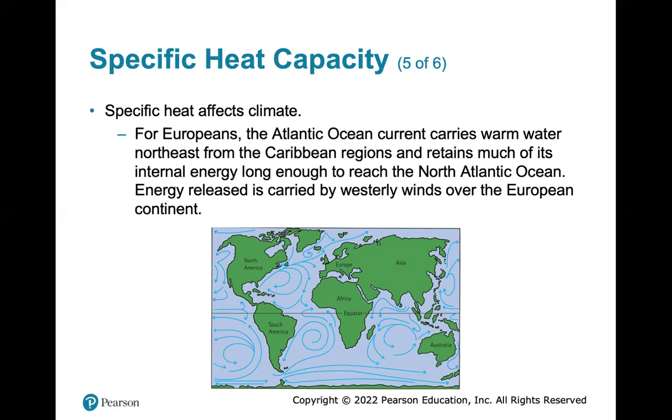The waters coming in off the Pacific Ocean affect California and the west coast. The winds coming off the east coast are affected also. So water has a great effect on our climate.